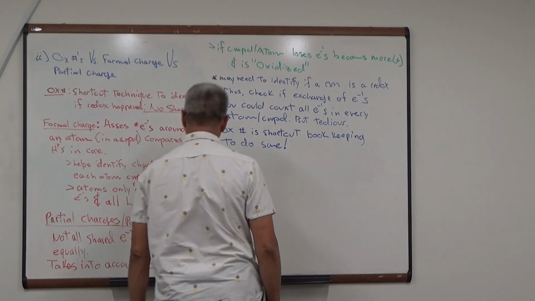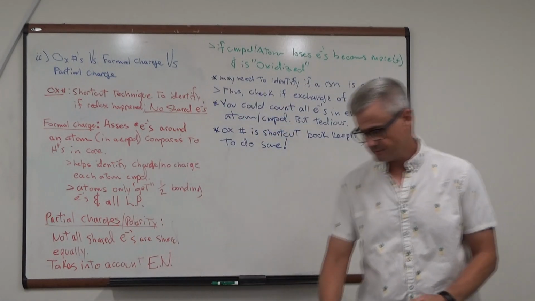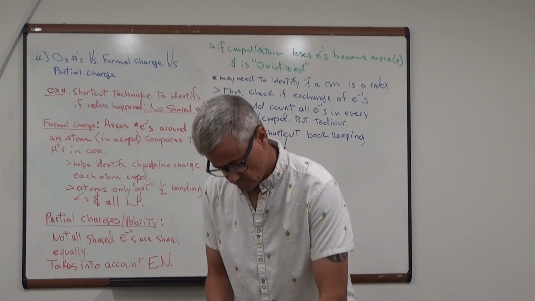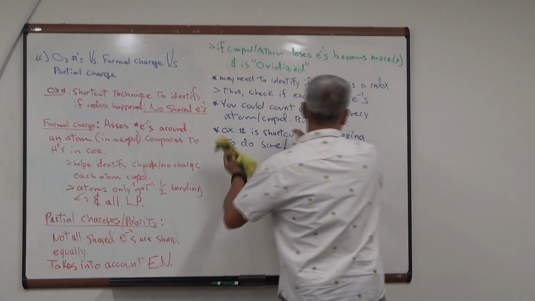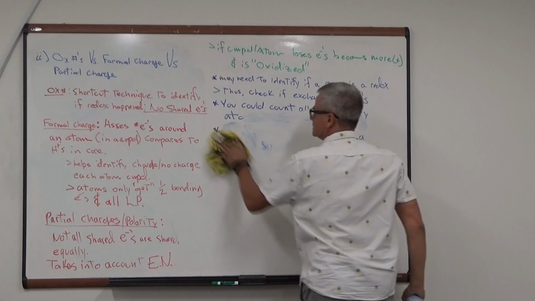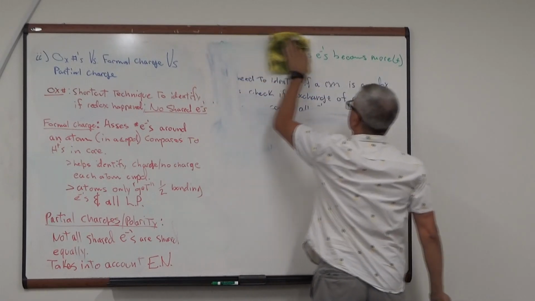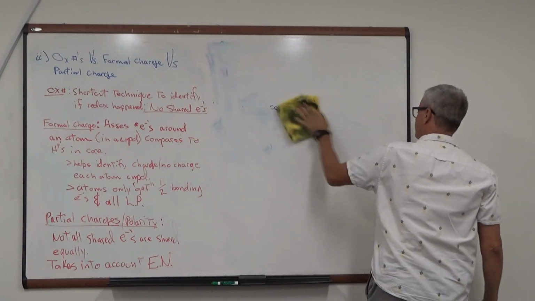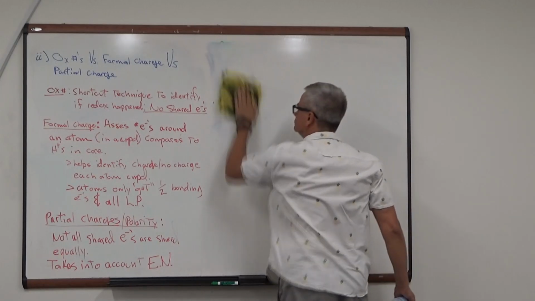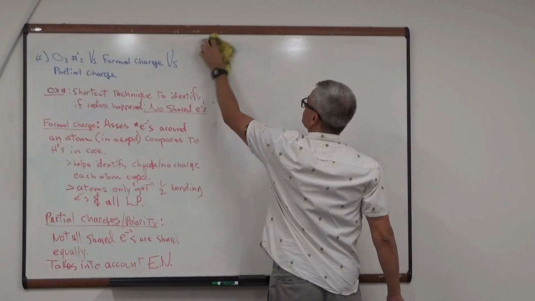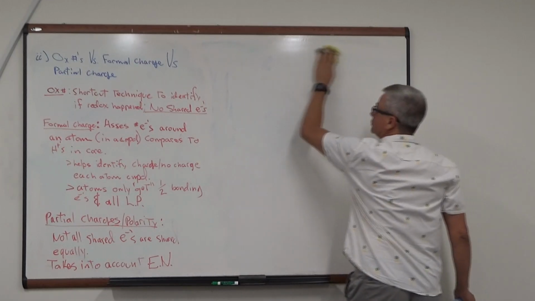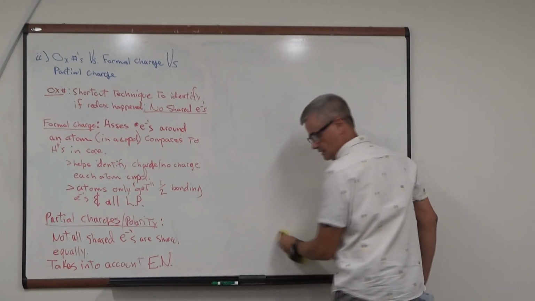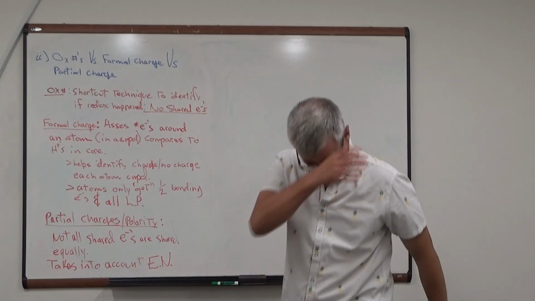It's going to tell us if there are, again, maybe not full charges on a particular atom in a compound, but sort of charged areas. So partial negative, partial positive, things like that. Okay. So that's just differentiating those three terms, in case that was confusing.